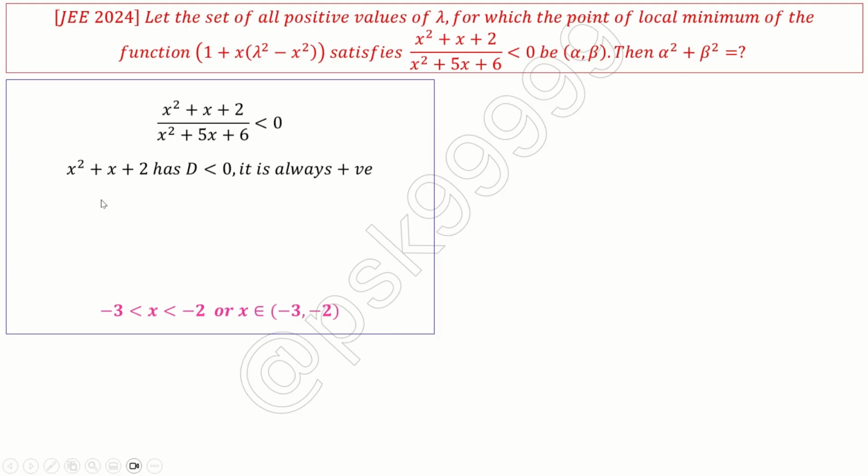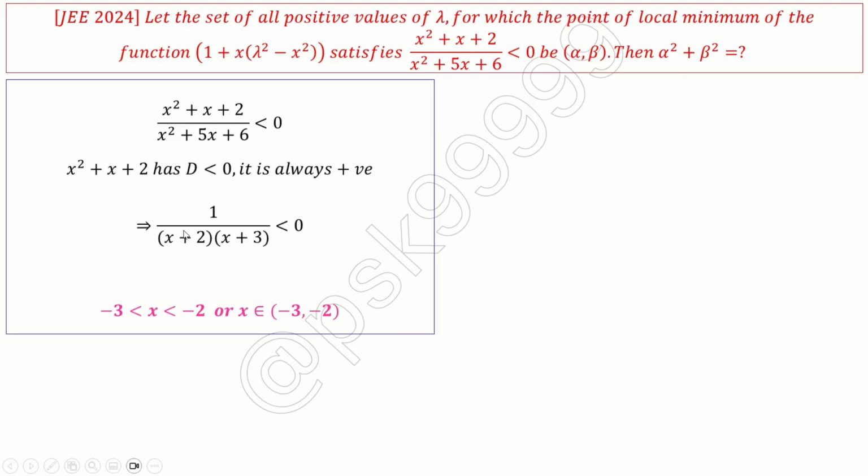This is the condition. This is nothing but x square plus x plus 2, which is always positive because its determinant is 0, so it will never cross the x-axis, which means either it is above or below the x-axis, correct? So if I substitute x square equal to 1, I know that this is always positive, so this won't influence my x domain in any way, correct?